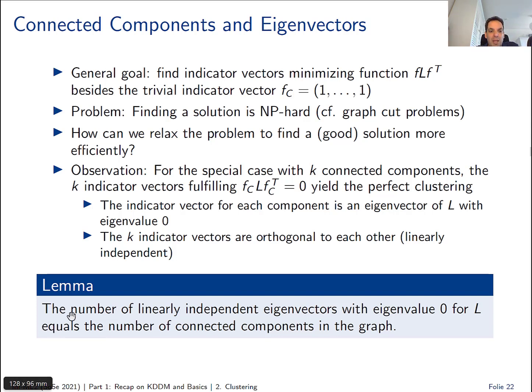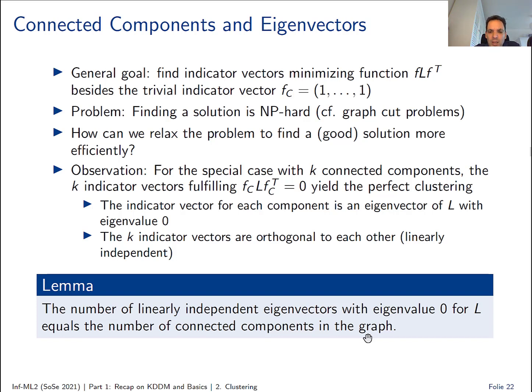So first of all, the lemma here: the number of linearly independent eigenvectors with eigenvalue 0 of L equals the number of connected components in the graph. So it gives us an indication how many connected components are there in the graph. Very often we don't have any separate connected components. We just have one big connected component, which is the whole graph.